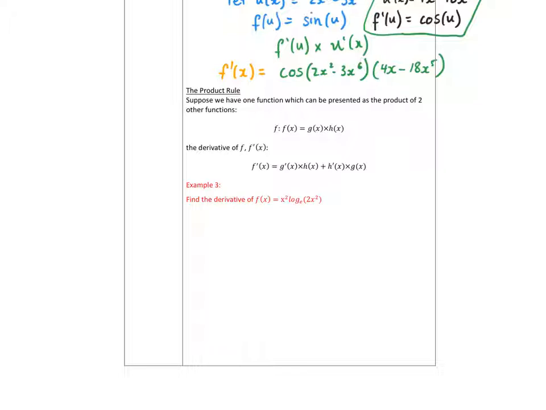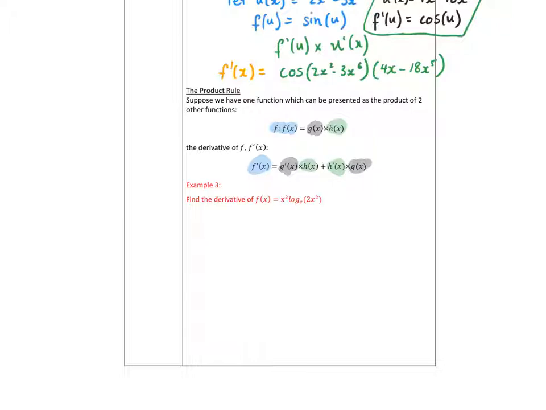Now suppose we have one function which can't be represented as a nesting function, but instead is something times something else. So suppose that our function f of x here was one function, let's call it g of x, times another function, h of x. Well, we know the derivative of f is going to be the derivative of the first function times the second function itself, so g dash times h, and we add that to h dash times g.